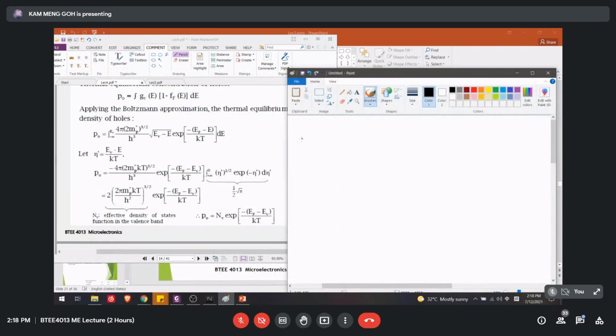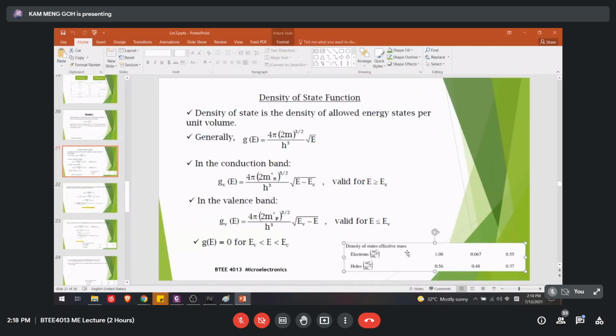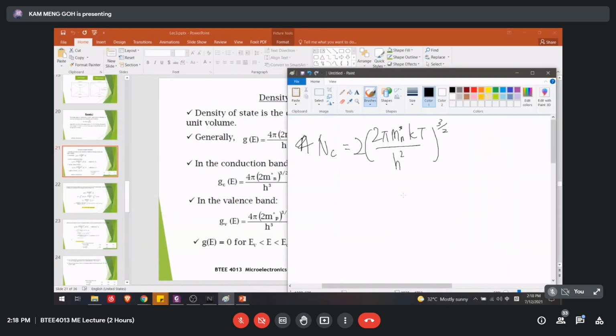So we know that NC will be equals to 2 pi m_n asterisk kT over h squared, to the power of 3/2. And then we also got this one value.